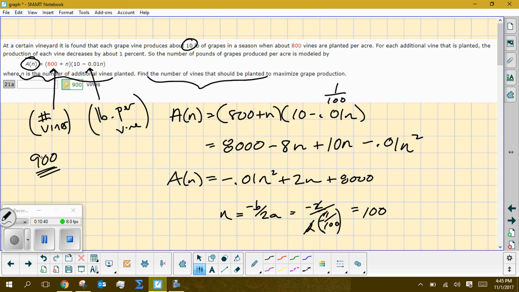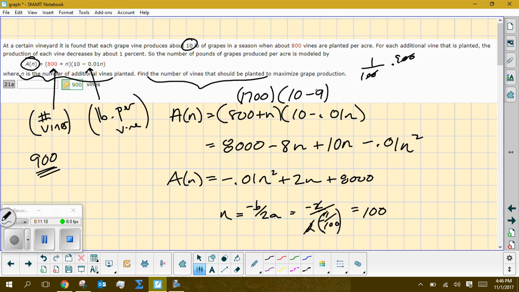Now, if I plug that 900 in, there are a couple of different places you could do it. It might actually be easier to plug 900 in up here, where we get 1700, and then multiply that by 10 minus 0.01 times 900. So it's going to give me 9. 1/100th times 900 should give me 9.